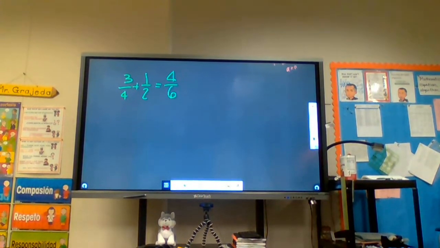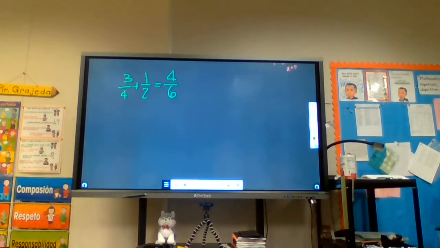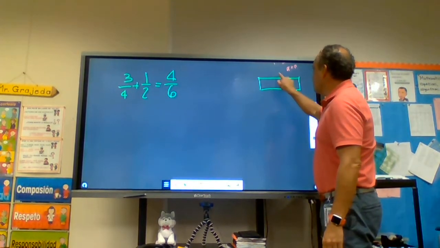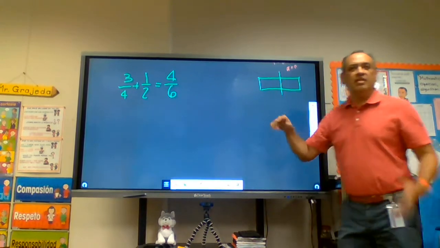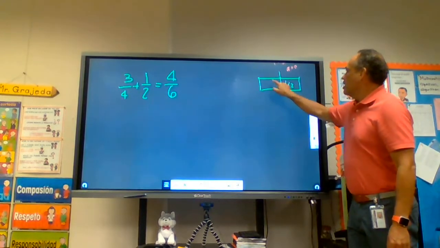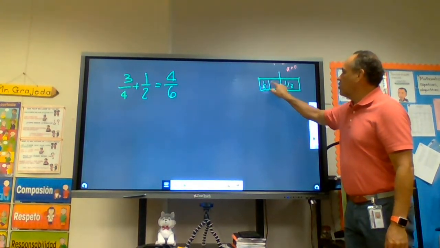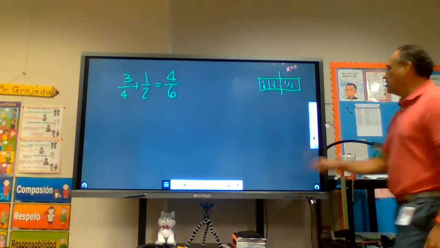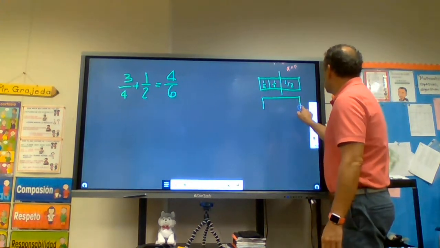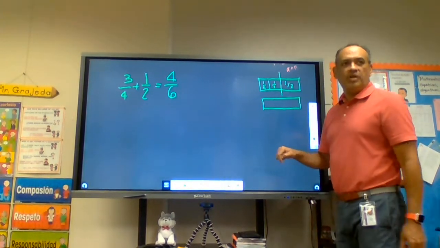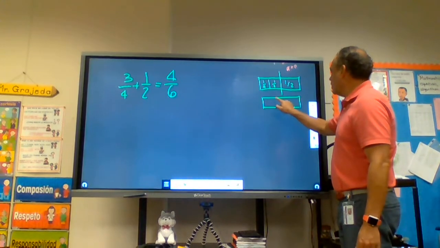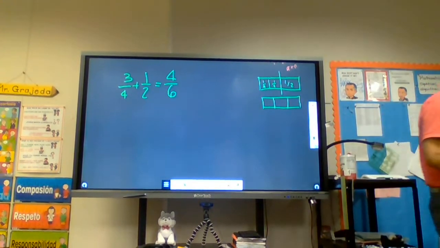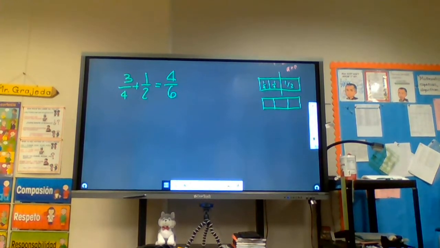So let's go back to review our dollar. Let me go ahead and draw my dollar. Remember we divided it into 1/2, and then 1/4 and 1/4, and it was the same thing, right? What if I divide this dollar, instead of 4 pieces, into 3 equal pieces, in thirds?